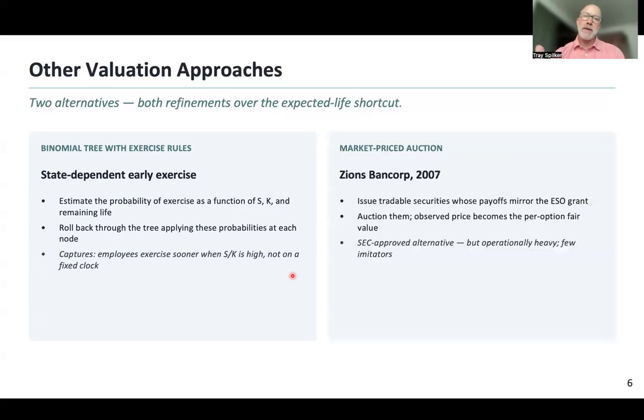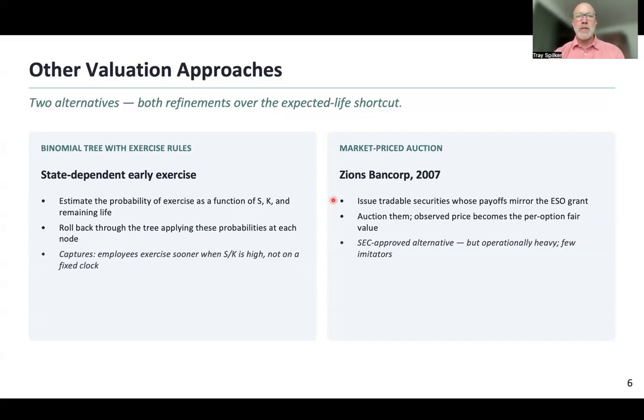Now the second one here is pretty creative, and it's only been used a handful of times. The first of which was in 2007 when Zions Bank Corp actually issued tradable securities to the market that mimic the payoffs of an employee stock option grant.